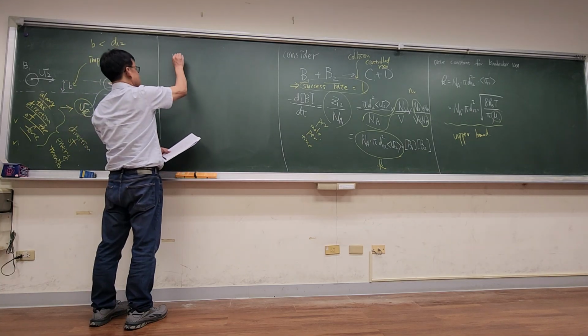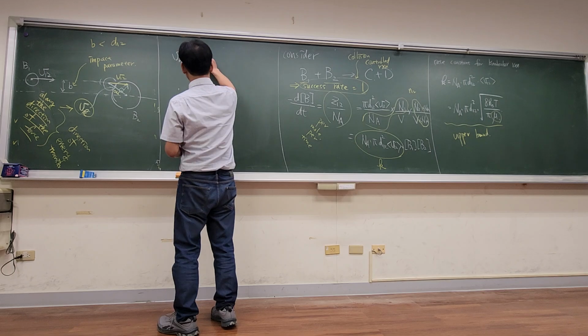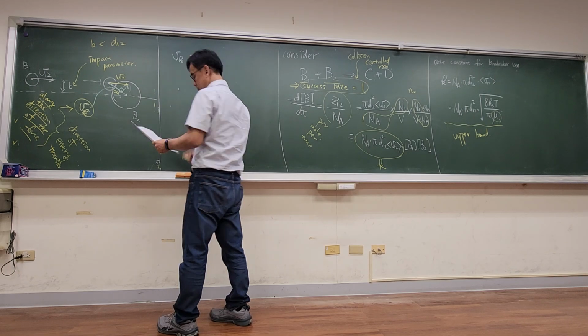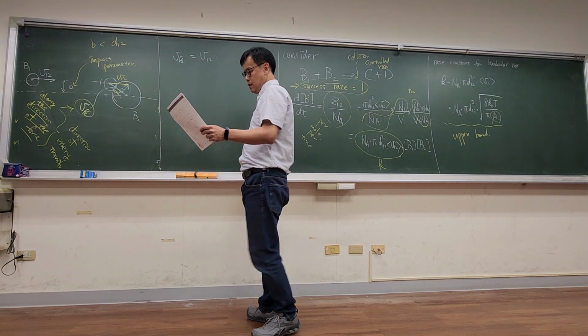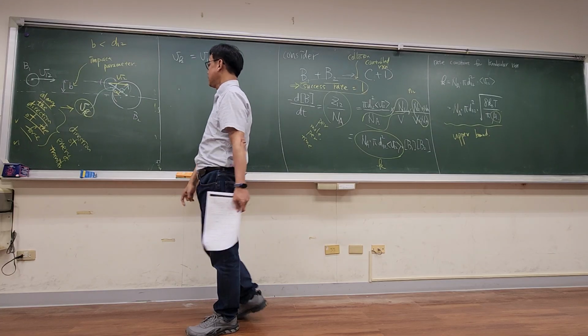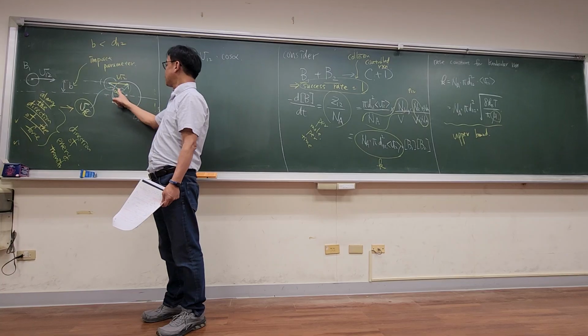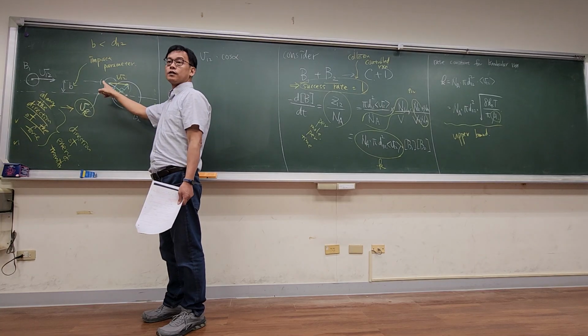So VK will be V12 times cosine alpha here. So this is the alpha angle, and this component is cosine alpha. Okay?